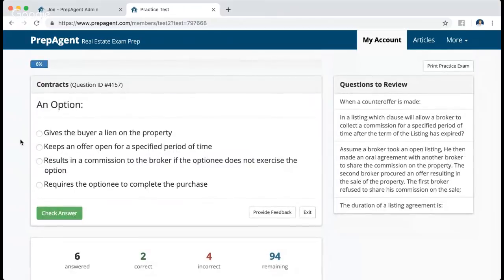An option: A, gives the buyer a lien on the property. B, keeps an offer open for a specified period of time. C, results in a commission to the broker if the optionee does not exercise the option. D, requires the optionee to complete the purchase. All right.